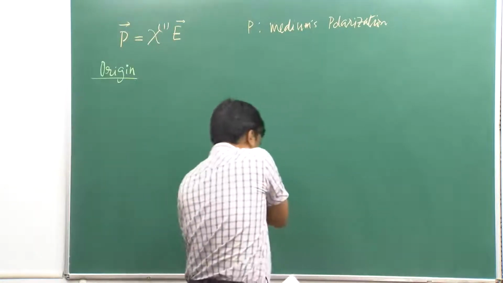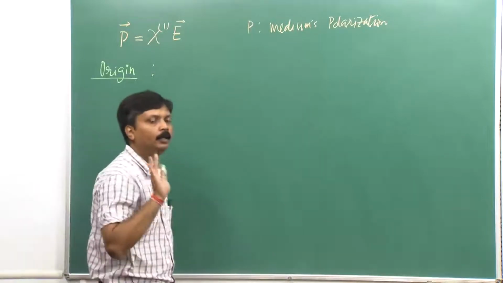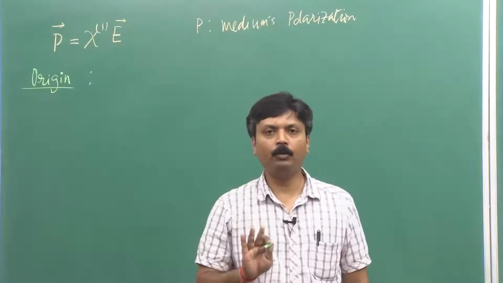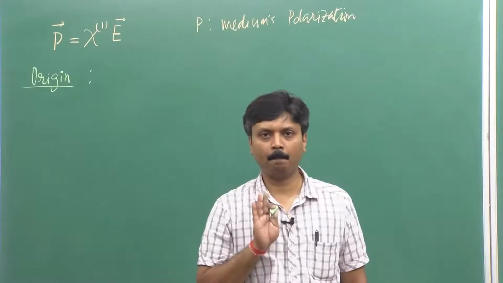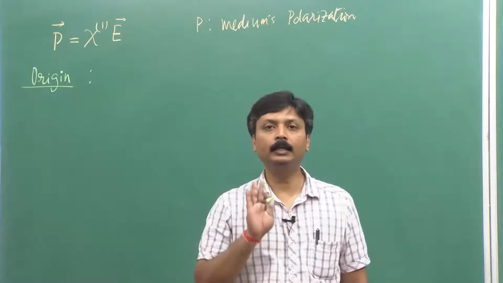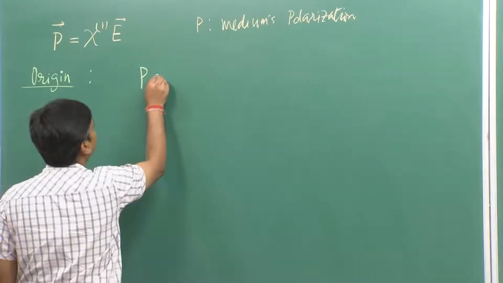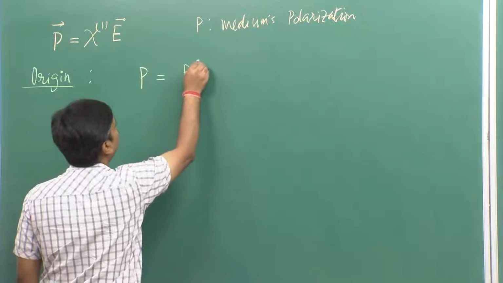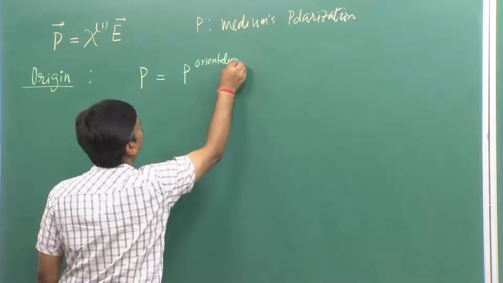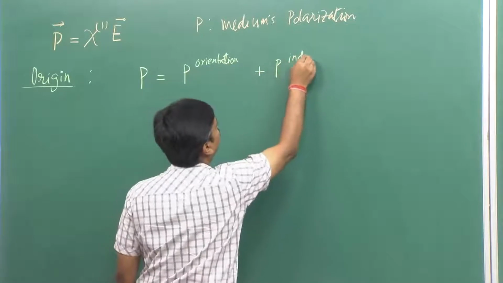So this above expression arises from the fact that the medium's polarization is essentially a sum of two different polarizations. One is the orientation polarization, another is the induced polarization. So essentially P is the sum of P orientational polarization and P induced.